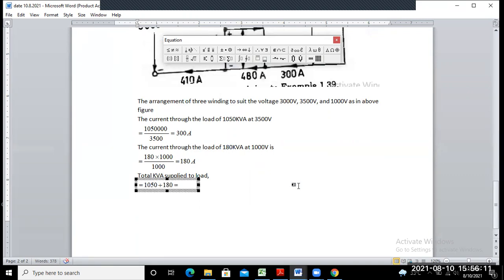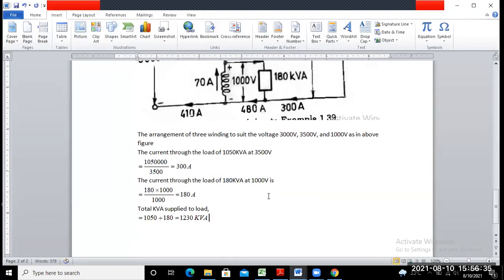If you add these two, that gives 1230 kVA. So 1230 kVA is supplied to the load.